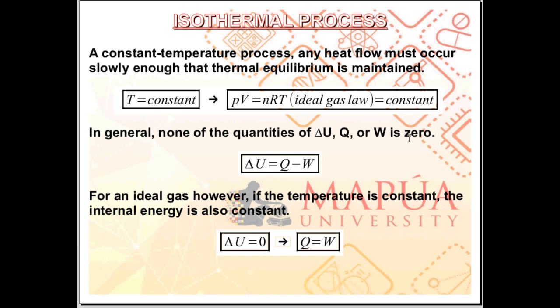It's not necessarily zero. But if the system is comprised of an ideal gas, the change in internal energy is zero, which means Q minus W is equal to zero. Q is equal to W. Any heat that flows into the system gets converted into work done by the system and vice versa.